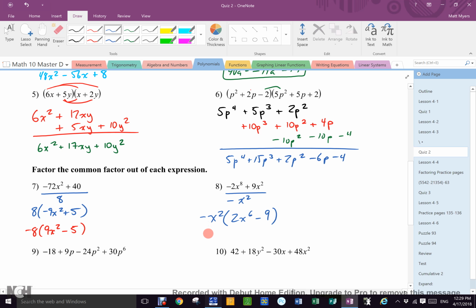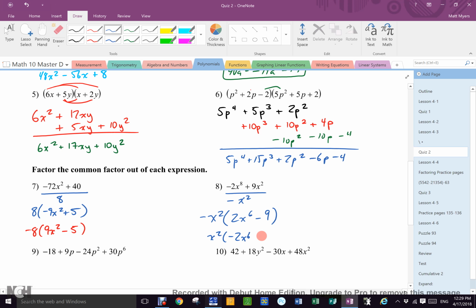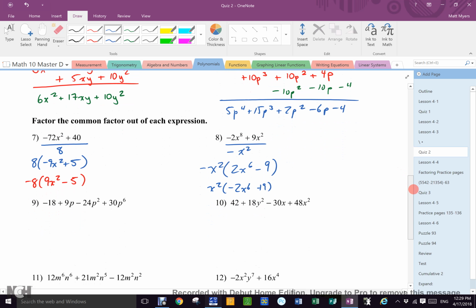But, again, I will accept x squared coming out and negative 2x to the 6th plus 9. Both of those are fine. Everybody good? All right.